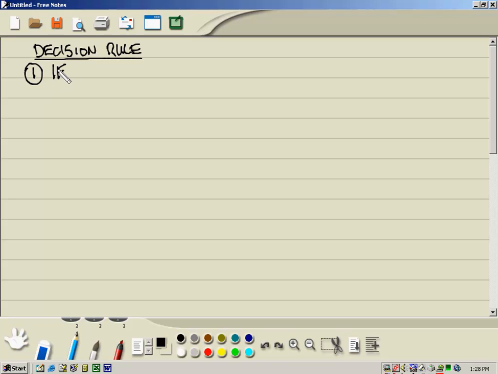Alright, first part, for the acceptance region, the calculated value of chi-squared is less than or equal to the critical value of 3.84. Do not reject the null. And we'll interpret that normally as follows.